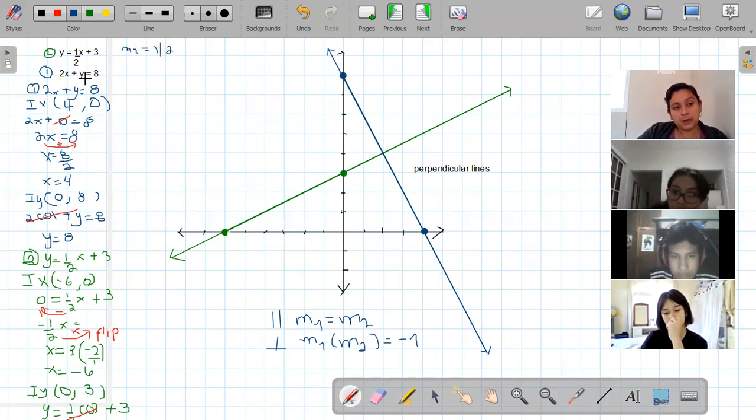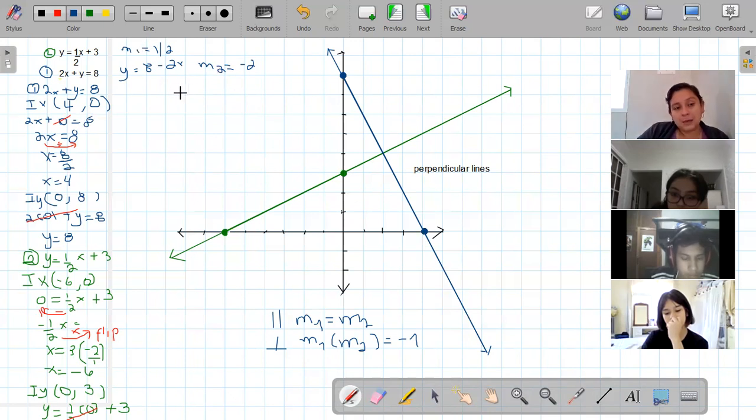If I transform this, I'm going to have y equals 8 minus 2x. So the slope 2 in here is going to be -2. Is m1 equal to m2? No, right? They're not equal, so they're not parallel.